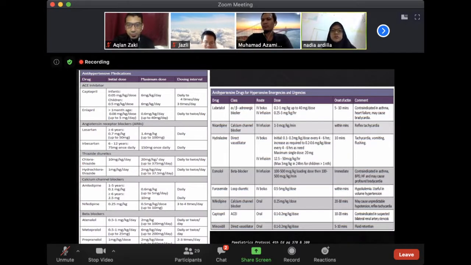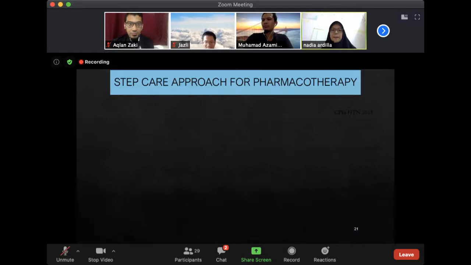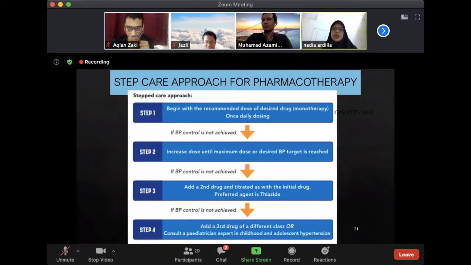Okay. So how do we initiate pharmacological treatment in children? First, we begin with the recommended dose of the desired drug as monotherapy. You can choose any one from the table just now. We start with the recommended dose and once daily dosing. However, if after we start the monotherapy the BP is not well controlled yet, we can increase the dose until the maximum or until the BP target is reached.